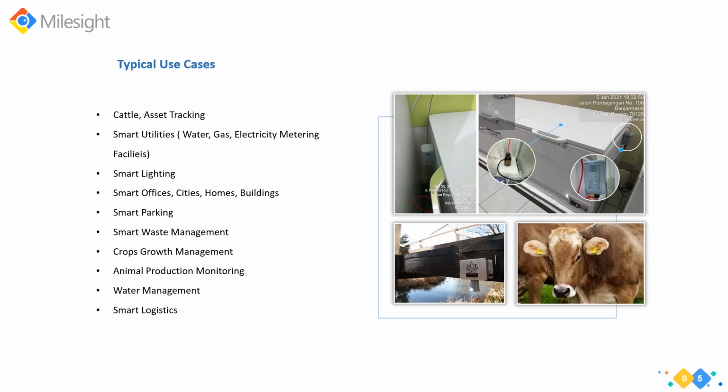So LoRaWAN is also really powerful in smart city use cases, smart buildings, and also obviously can be widely used in the supply chain. And there are many, many different use cases in LoRaWAN. So the versatility makes LoRaWAN really powerful. So you can use it in many different verticals and areas.